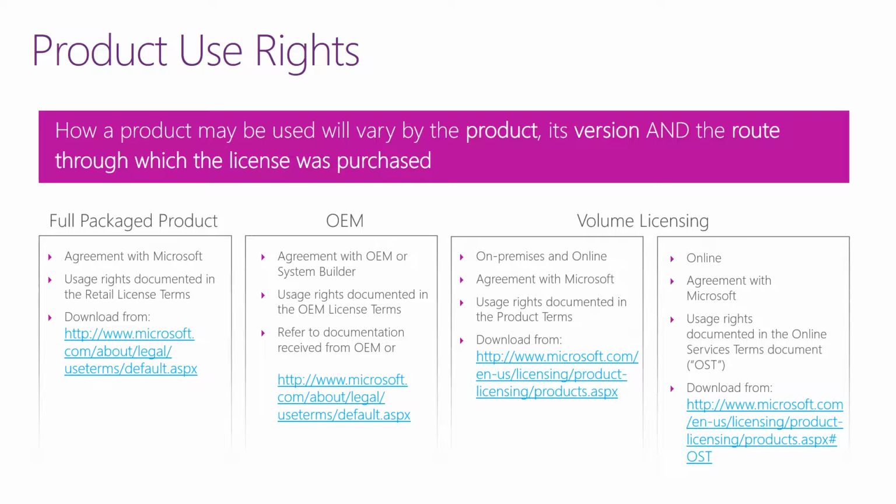For on-premises software, and that would include Windows 10 and Office Professional Plus 2016, for example, you use the product terms document. And for any online services, you use the online services terms document. And it's this document, of course, that would cover Office 365 Pro Plus and Office 365 Business. You can see the links here if you want to download those documents to have a look at.